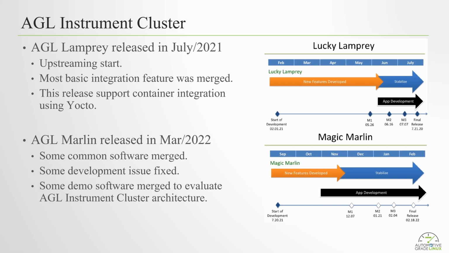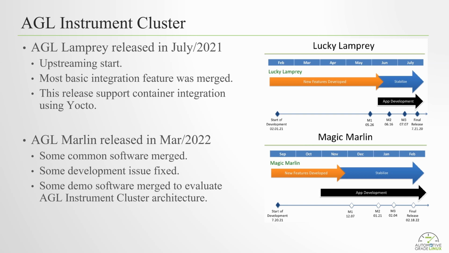This slide shows the AGL Instrument Cluster status update. Around one year, we released the LL and MM releases. AGL Ramp was released in July. ICE upstreaming started in these releases. The LL release includes the most basic integration features. It was merged.